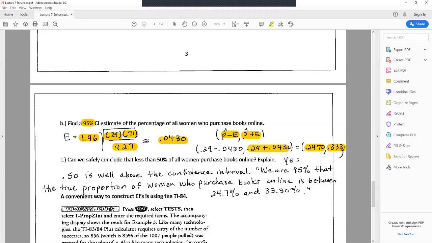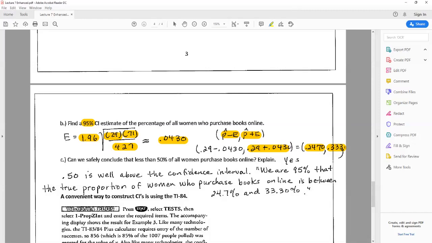So what does this mean? It means that the 29% is probably not the gospel. It's probably not the parameter. It's just a statistic that we used to get an idea of where to look. But if our sampling is strong, in other words, we have no bias, we randomized the sample, then 29% is probably at least in the ballpark.